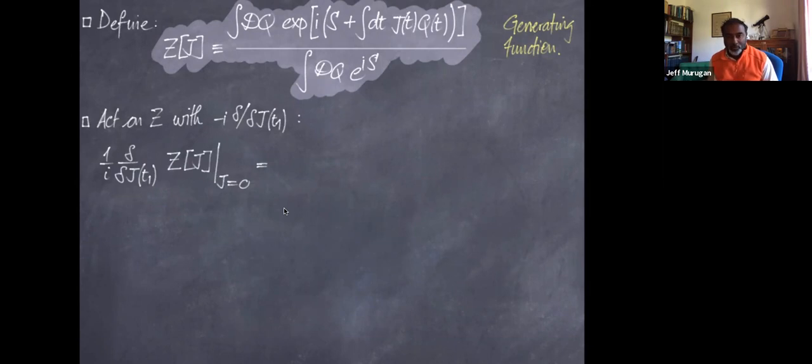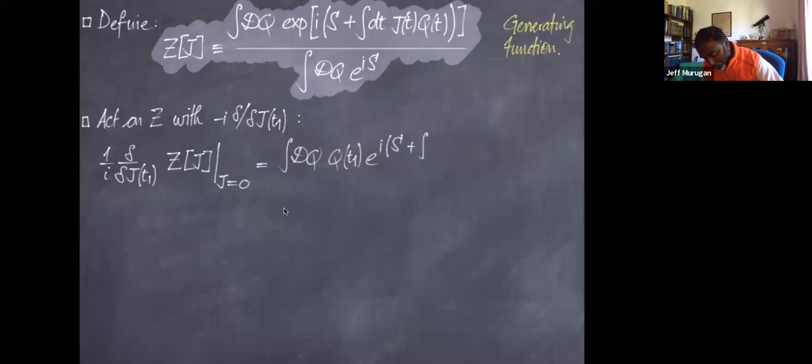If I functionally differentiate with respect to J, I pull down a factor of Q in the exponential, and then if I divide by i, I pull down a factor of i times Q. There's a delta function there as well, but that's what sets t equal to t1. This gives me an integral with respect to Q of Q at t1 e to the i times S plus the integral with respect to t of JQ.